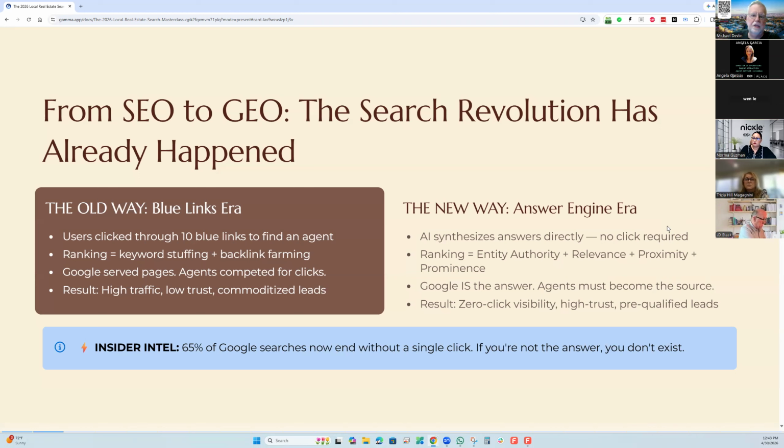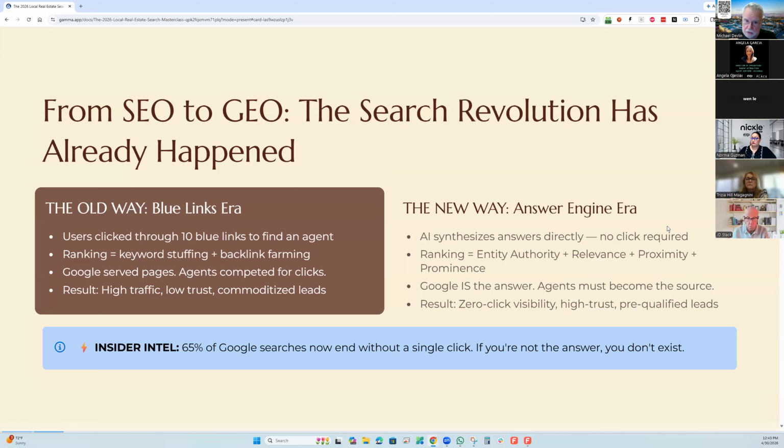We would stuff keywords. You would sometimes even stuff the keywords in the background in a font that Google could see when they crawled it, but a viewer looking at the website couldn't see the words.